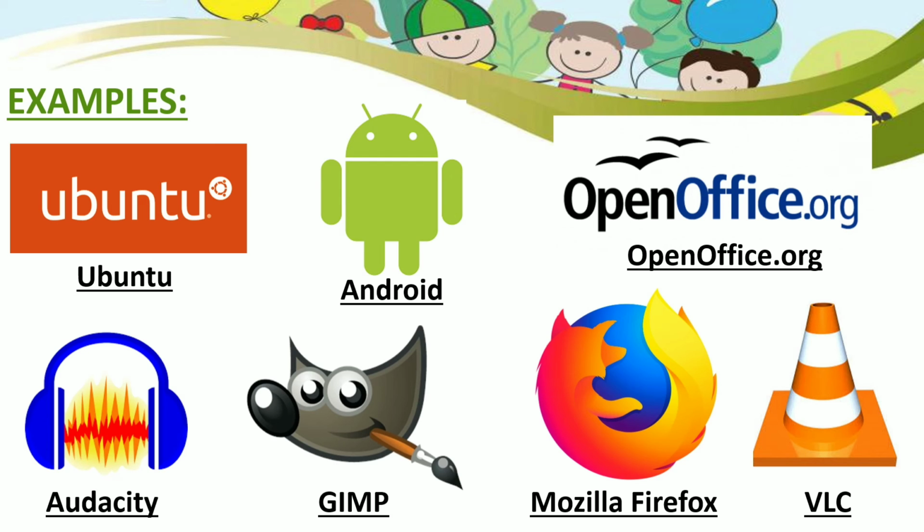Students, this is free software, gives you all the functionalities which you have already used in Microsoft Office, which is paid version. Audacity, that is sound editor. GIMP, that is photo editor. Mozilla Firefox, that is web browser. And last, VLC, that is media player.